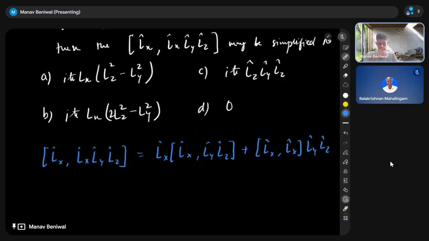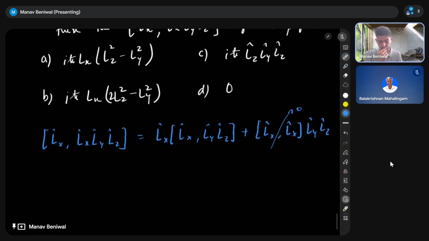Now this first commutator goes to 0, right? Because this is Lx, Lx. So we have already simplified this one to this smaller commutator.